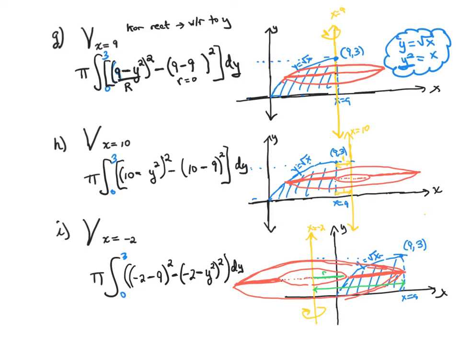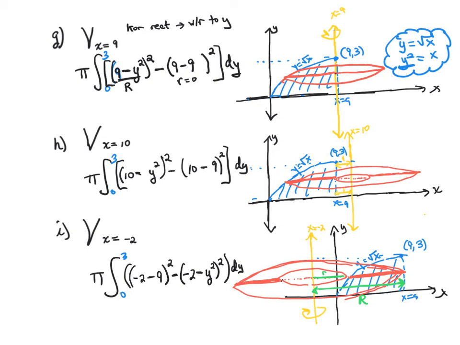And if you look at this carefully, this outer radius, this distance to here, will always be 11, no matter where the washer or the horizontal rectangle is. That will always be 11. So whether we square -11 or +11, it's still 121.